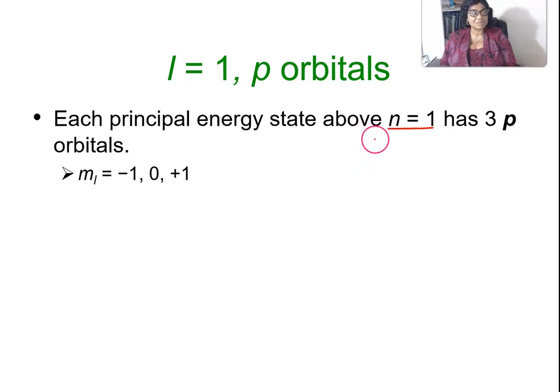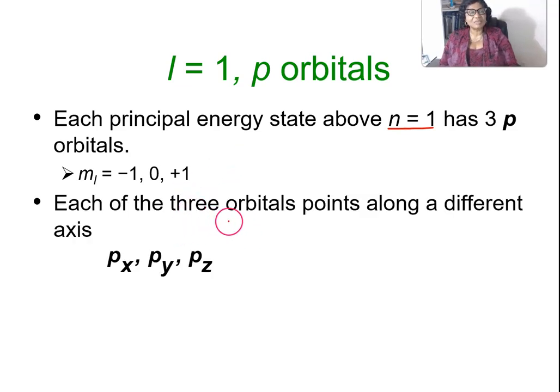But n equals 2 has p orbitals, and there are 3 of them. The ml is minus 1, 0, and plus 1. Each of the 3 orbitals points along a different axis, px, py, and pz, but they are the same.